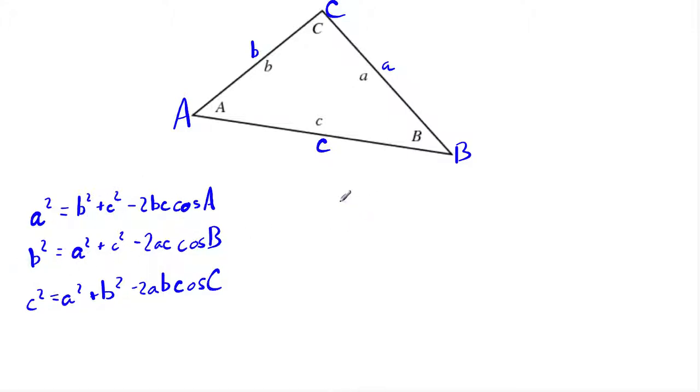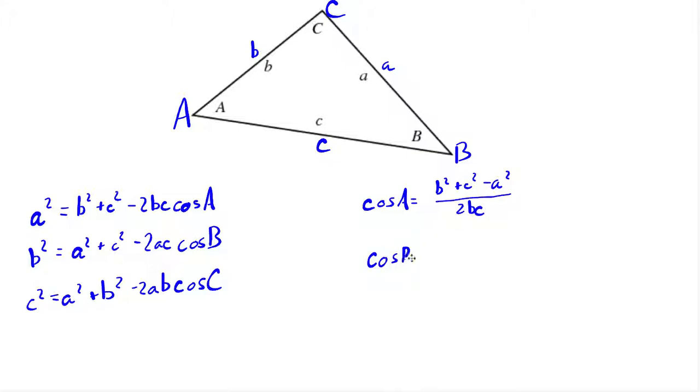So instead what we can do is look at these other formulas where they're already isolated. So cosine of A, and remember this is the cosine of A, this is not actually angle A. Cosine A is equal to b squared plus c squared minus a squared divided by 2bc.